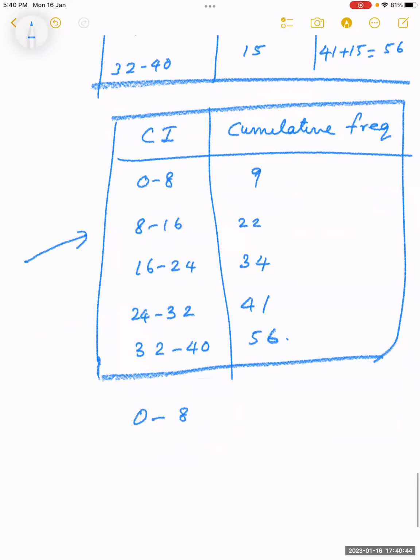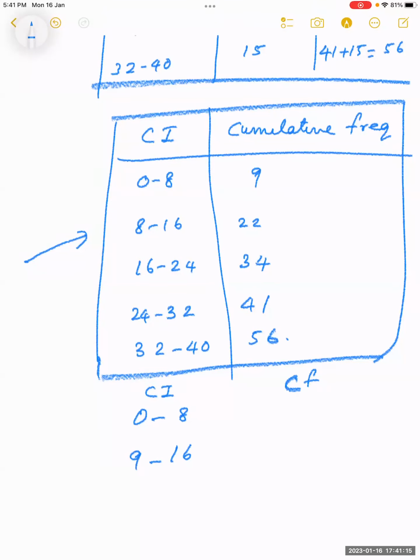Say, for example, this was like 8 to 9, 9 to say 16. If that was the case, then don't do any changes to your class interval. Just do the required changes at the cumulative frequency side only. I hope you're clear with what I'm saying. Don't do any changes at the class interval thinking that this is not continuous or this is inclusive, and we have to write an exclusive distribution.